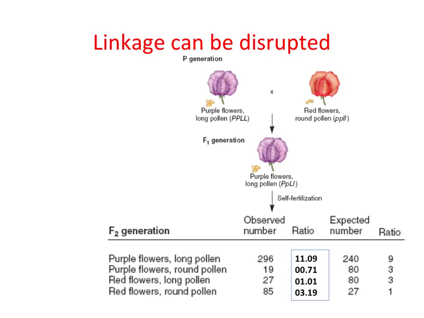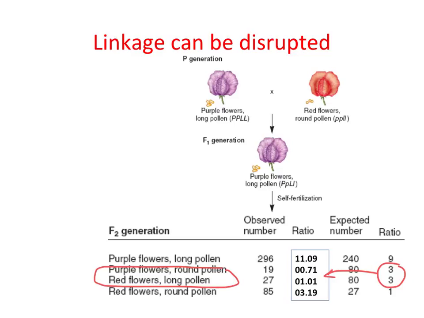For the purple flowers, round pollen, and the red flowers and long pollen. So for these two, we expected 3s and we got something like 1s. So we observed way fewer of those plants than we expected to see.